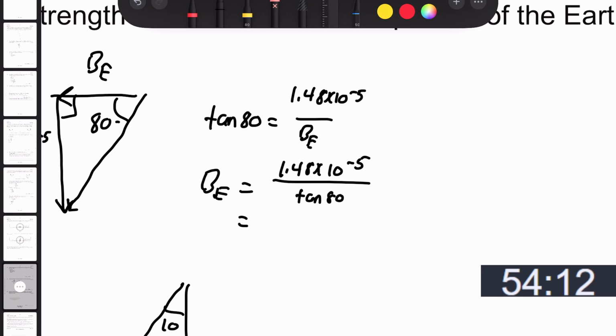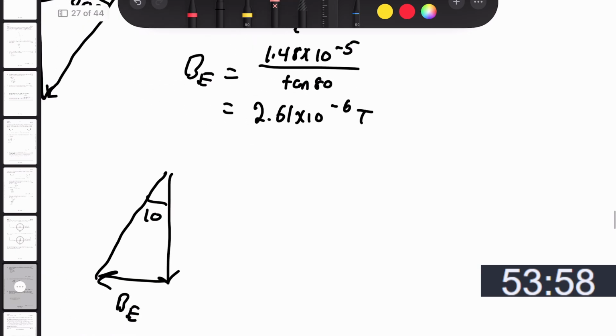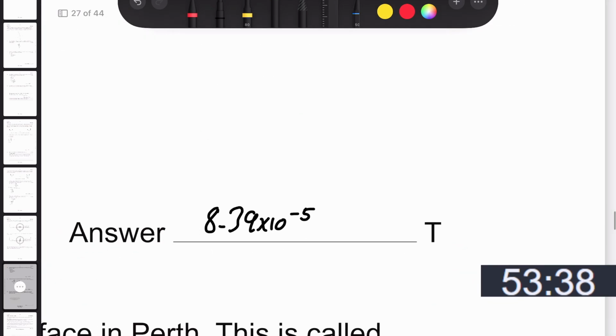So this is equal to, I think tan 80 is greater than 1, so just give me a smaller number. 2.61 times 10 to the negative 6 Tesla. Nice. Tan 10 equals BE over that. So if I do, let's see, yeah, it's the same. Alright. So 2.61 times 10 to the negative 6.